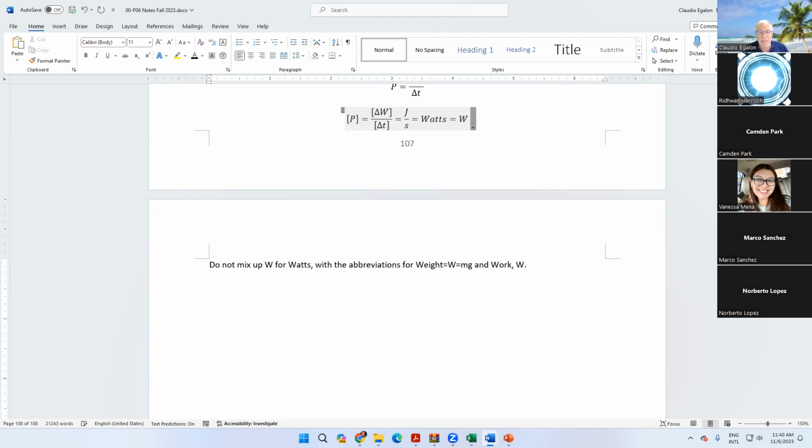We're using the same letter for different things. But there are other units of power. Horsepower, for instance, is one of them.